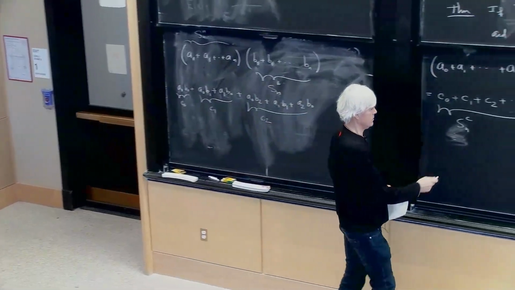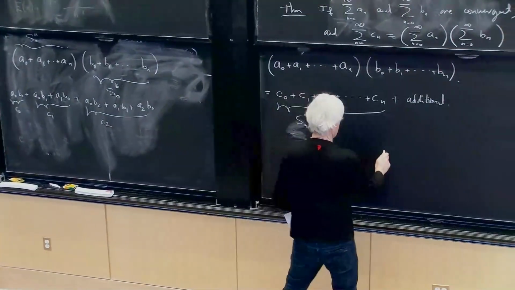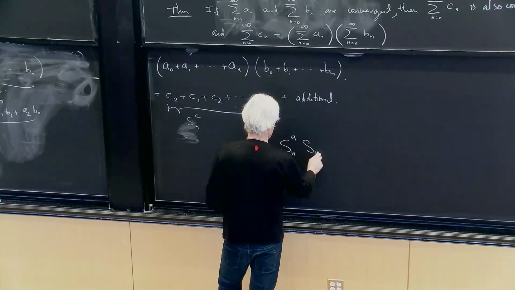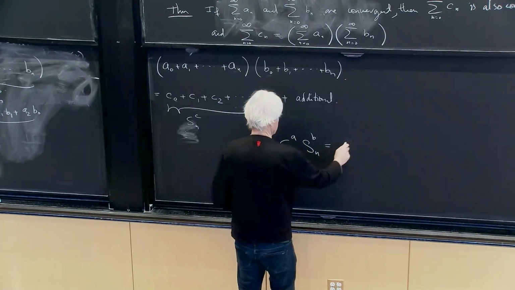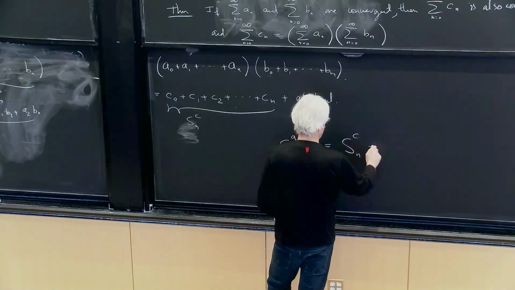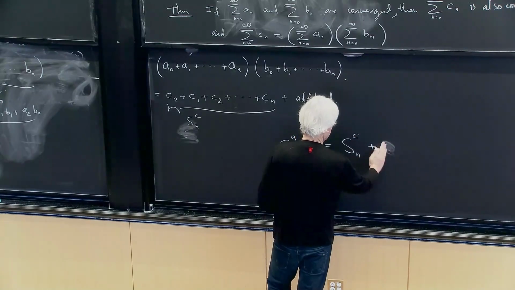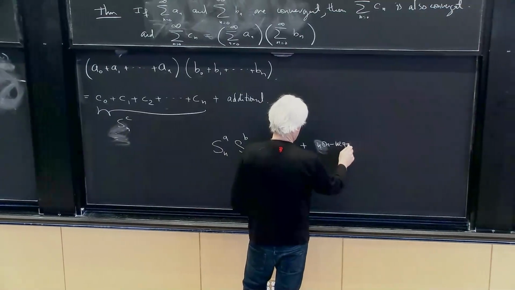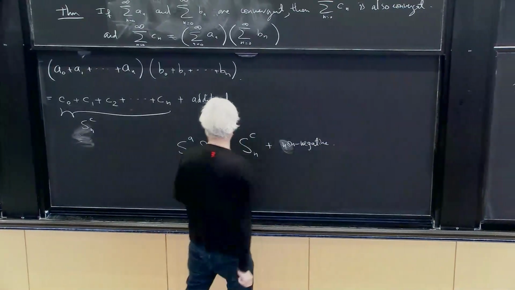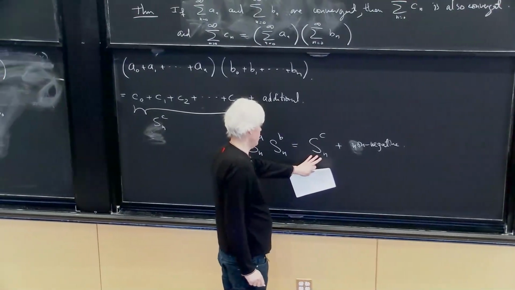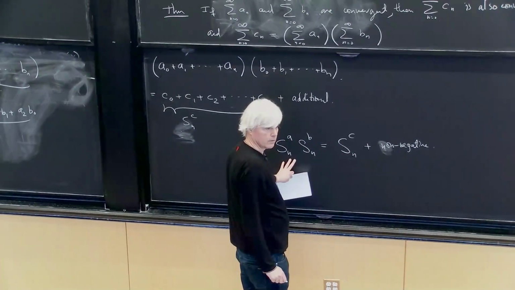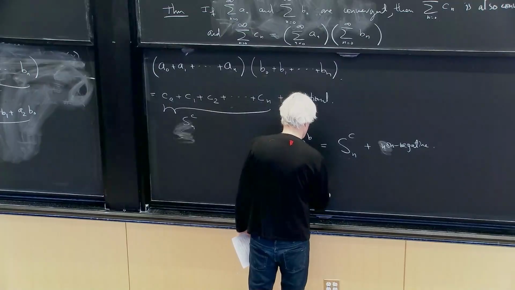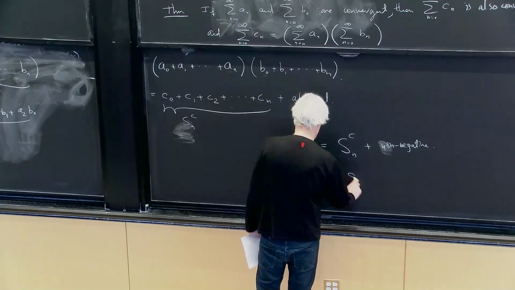So this inequality just tells you that SNA times SNB is equal to SNC plus something non-negative. In other words, SNC is less than or equal to the product of these two.